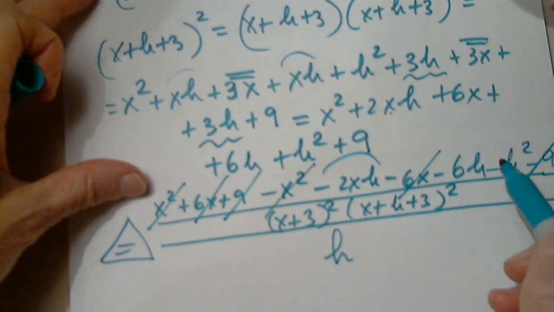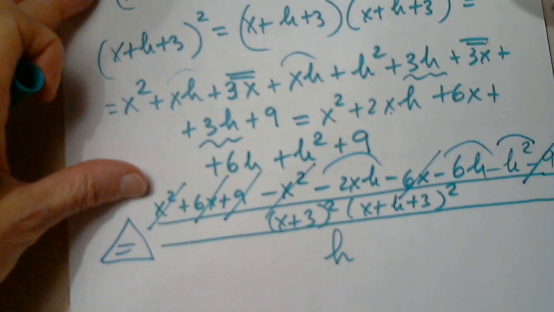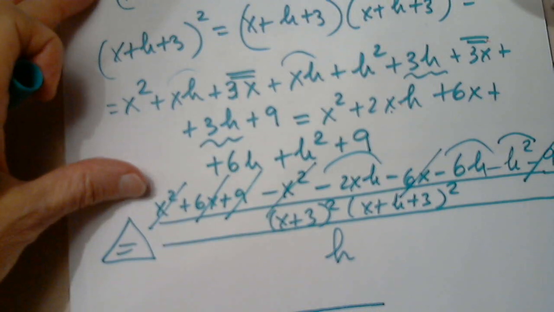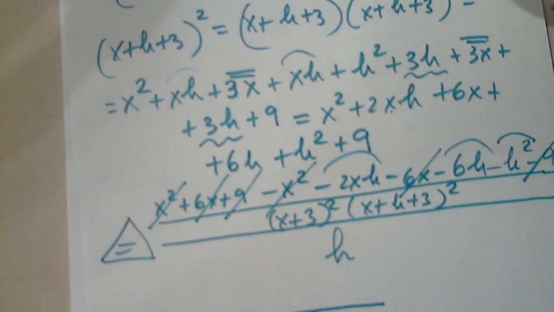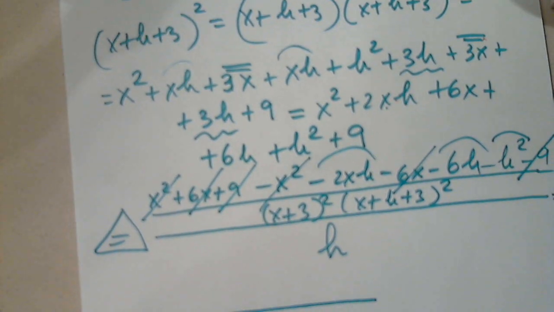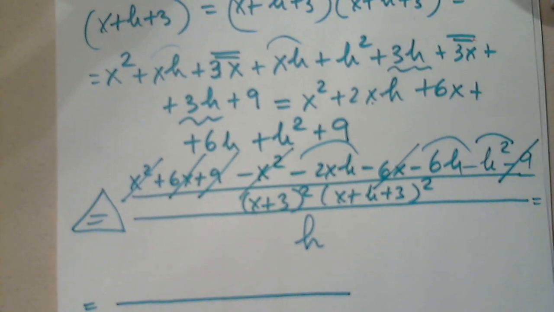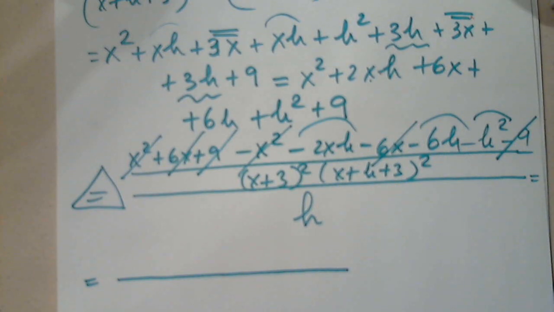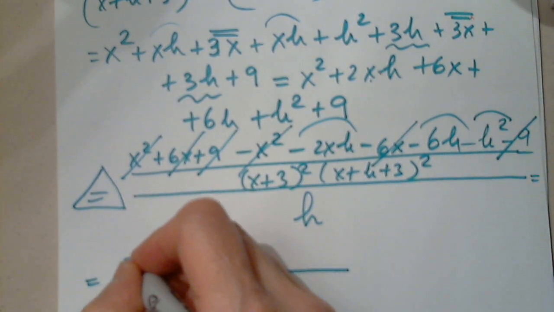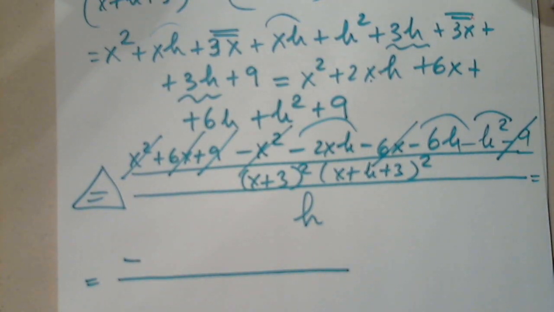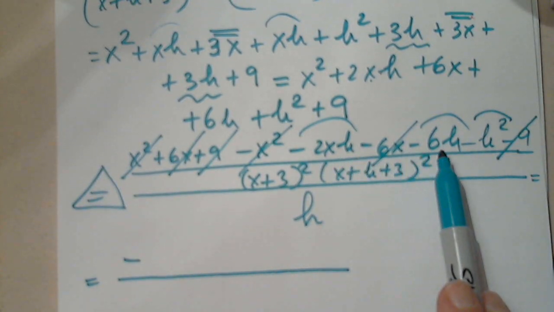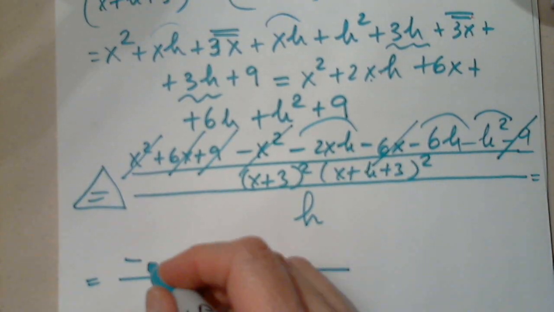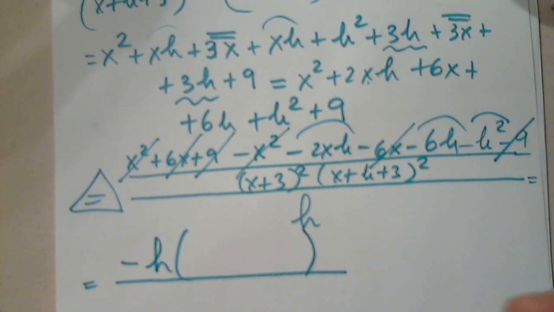I also notice that these 3 remaining terms have a common factor. Can anyone tell us what is the common factor in all those 3 terms? You can say negative, yes. I will factor out the negative sign. And what else? H. Yes, thank you very much. And can anyone tell us what is left in parentheses after we remove the h?